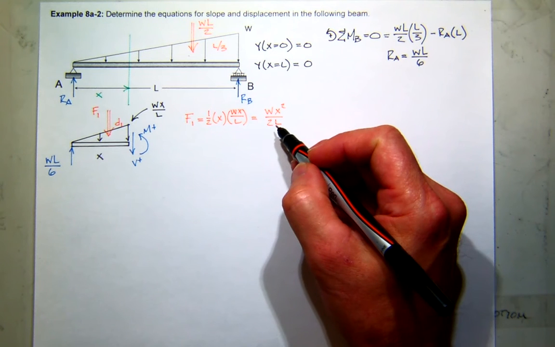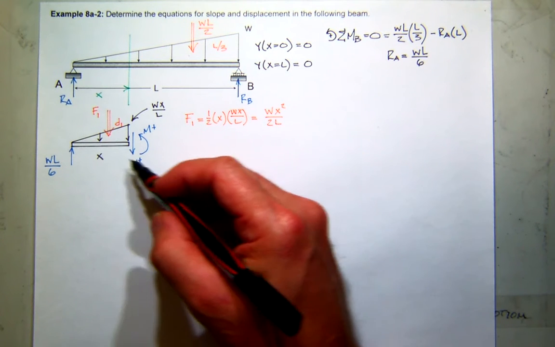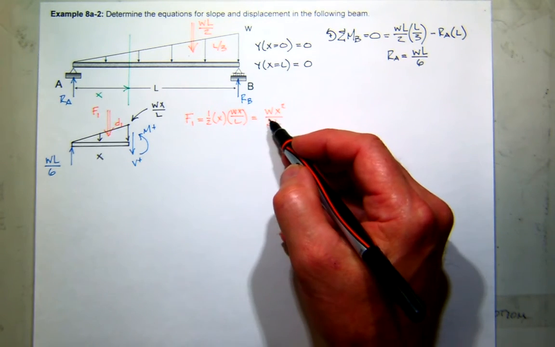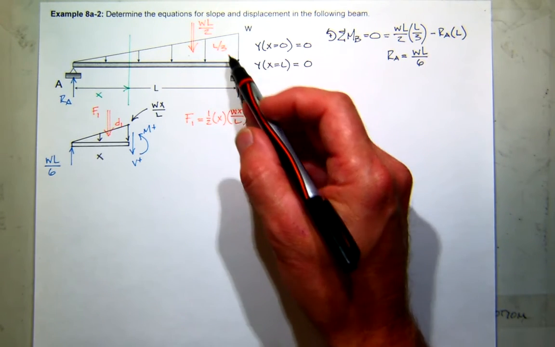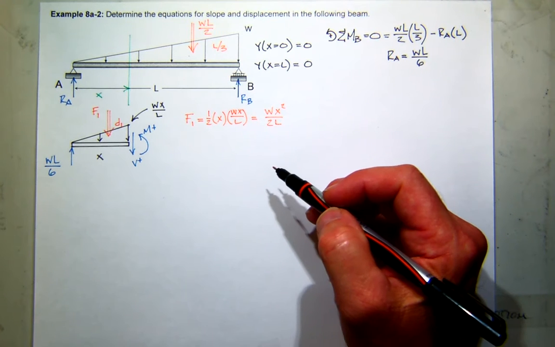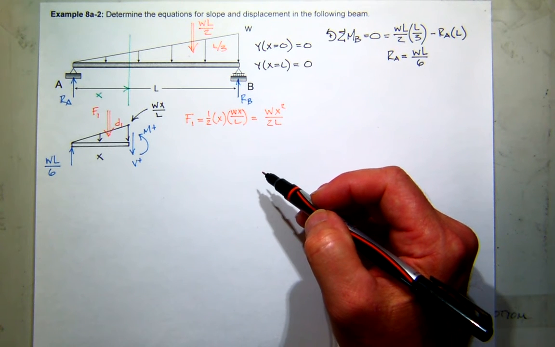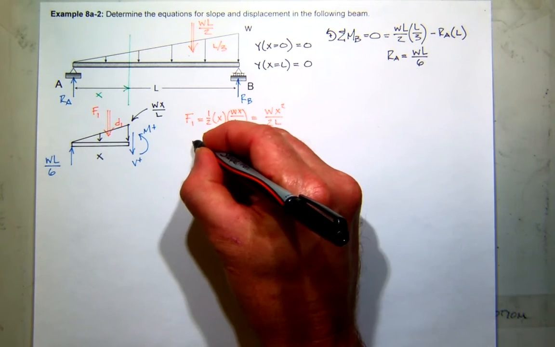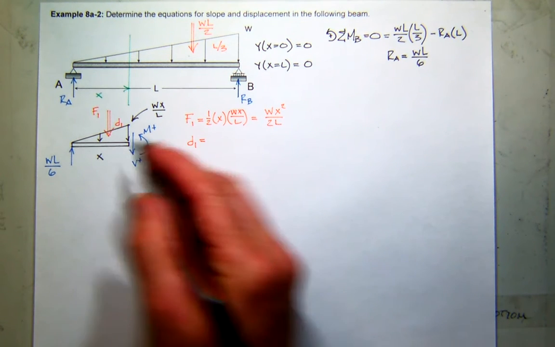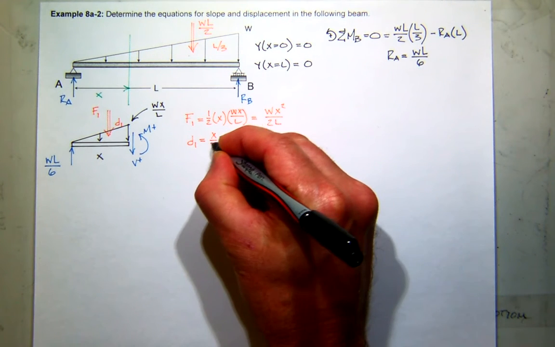And that you can check too, right? When the length is 0, you have no force. When the length is L, you should have WL over 2. When you put in L there, you get WL over 2. So it seems to work. And we know the distance D1 is the distance divided by 3, which would be x over 3.